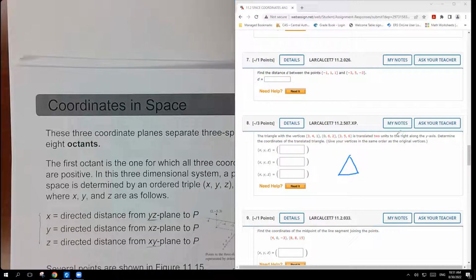You're going to translate this triangle on which coordinate? That means you're going to shift it on the y coordinate. Determine the coordinates of the translated triangle. They ask you to find the new coordinates. So write down the first point here, second point here, and the third point here.